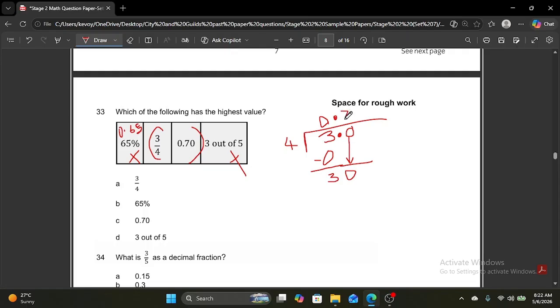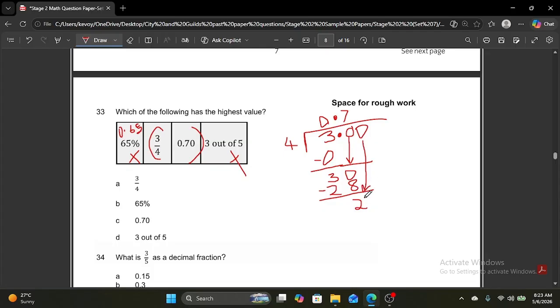Alright, so how many times can 4 divide into 30? That will be 7 times, because 7 times 4 is 28. After you multiply 7 times 4, we subtract, and we'll be left with 2. After you subtract, you bring down. You don't have to put another point because the point is there already.